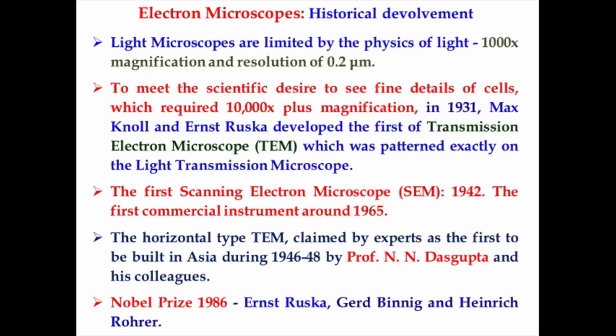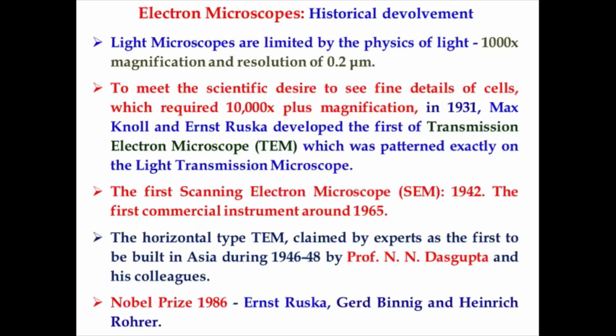But these microscopes were not awarded the Nobel Prize until 1986, when the next generation microscope, that is the scanning probe microscope, in particular the scanning tunneling microscope, was demonstrated by a team of scientists, Gerd Binning and Heinrich Rohrer at IBM Zurich.